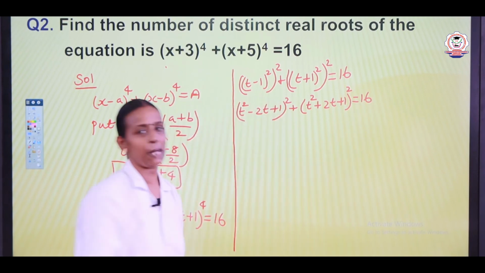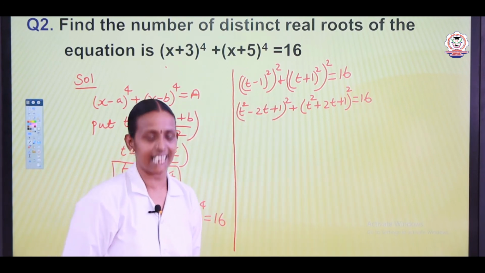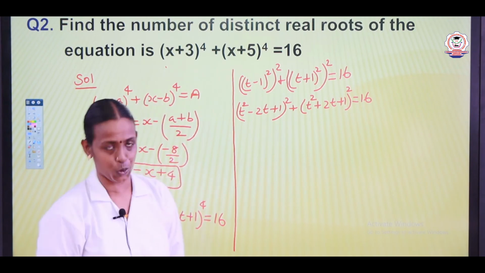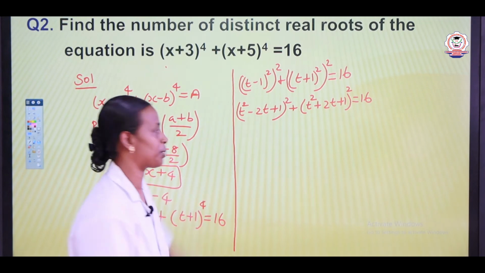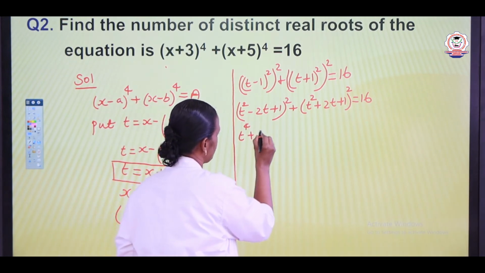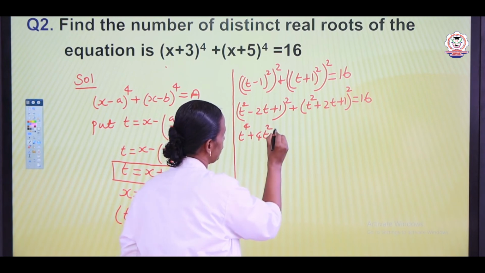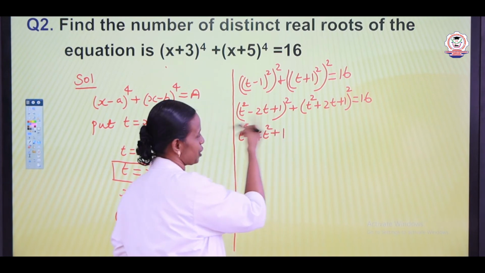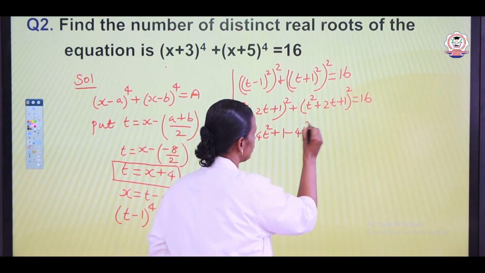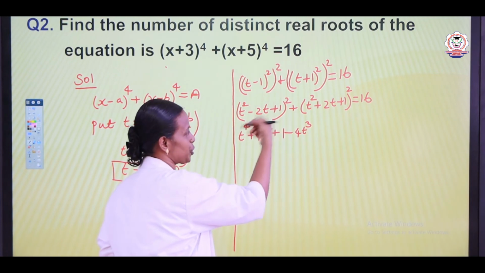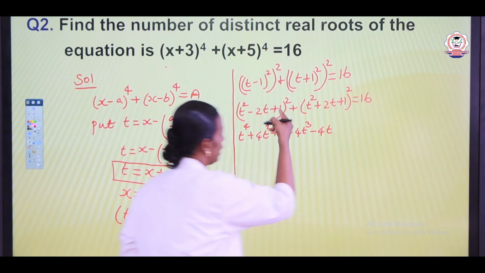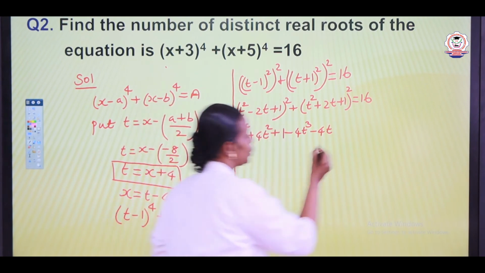Now, this is nothing but (a plus b plus c) the whole square, that is a square plus b square plus c square plus 2ab plus 2bc plus 2ca. Now, we are going to use this formula here, that is t power 4 plus 4t square plus 1, then multiplication of these two values into 2, minus 4t cube, then multiplication of these two values, so minus 4t, then multiplication of these two values, 2t square.